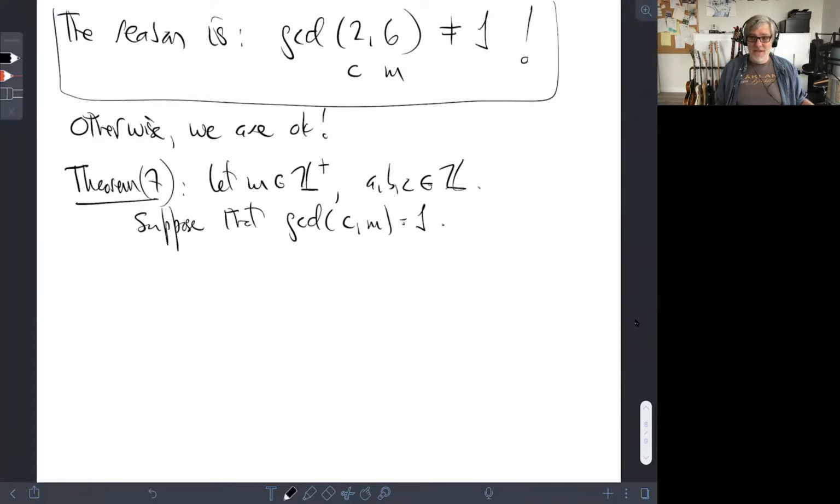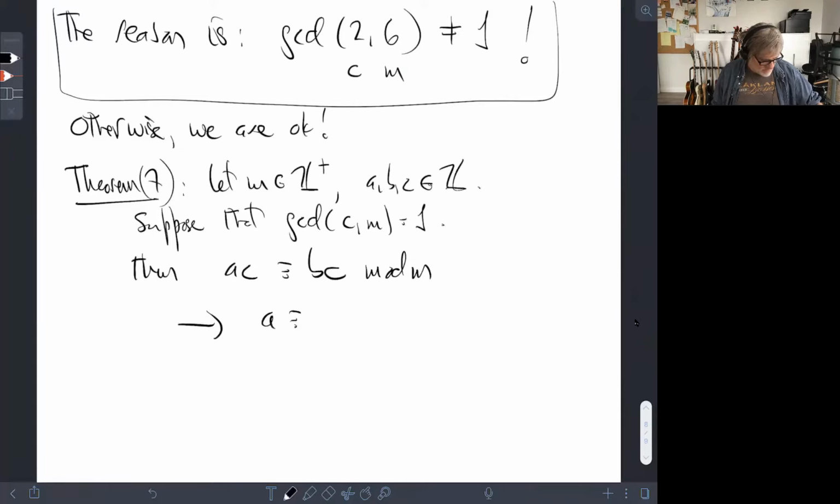Then it is true that you can cancel out c in any equation. Then AC congruent to BC mod m implies A is congruent to B mod m.